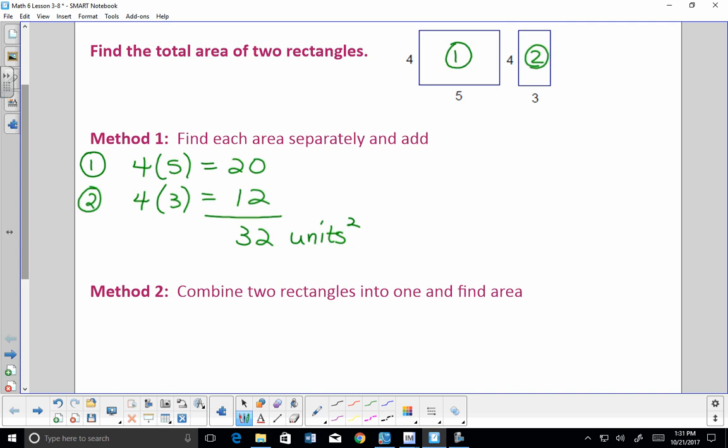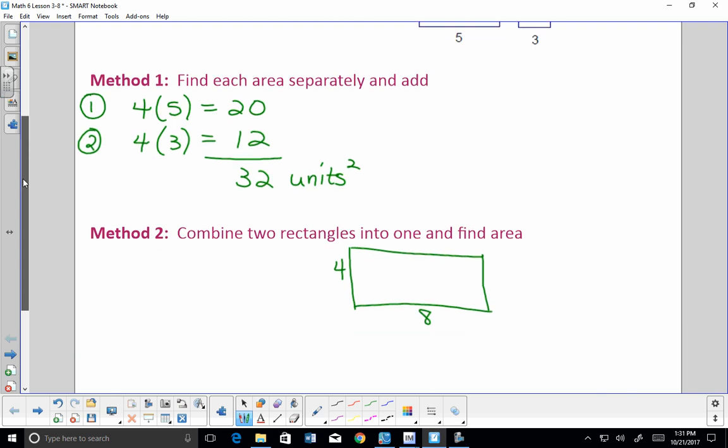Or the second way I could do this is I could combine the two rectangles into one rectangle and find their area. If I have two rectangles, one is 4 by 5 and the other is 4 by 3, since they have the same dimension right here, I could make them one giant rectangle. Instead of 4 by 3 and 4 by 5, this would be 4, and this would be 8, because 5 plus 3 equals 8.